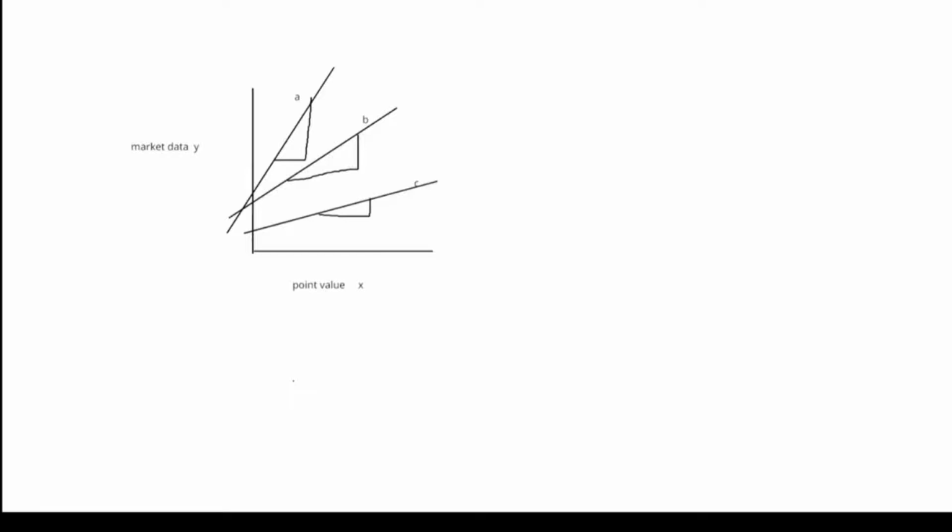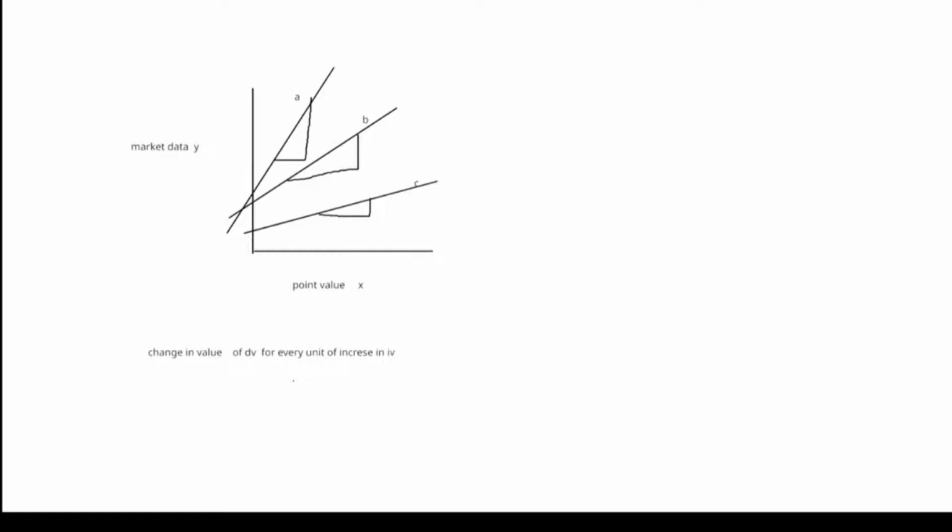So in essence, if I were to say what a slope is, it is the change in value of the dependent variable, DV, for every unit of increase in the IV, the independent variable.